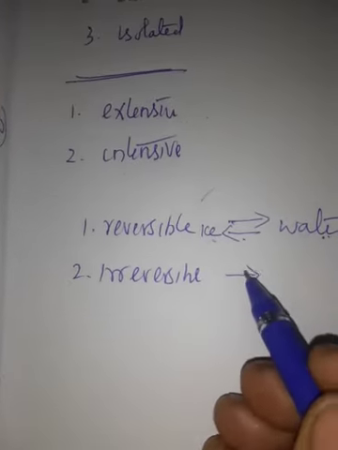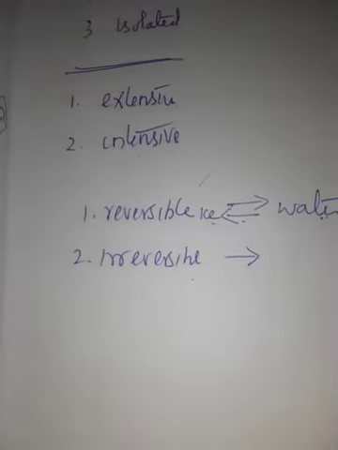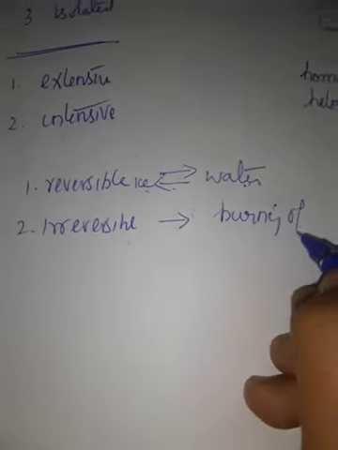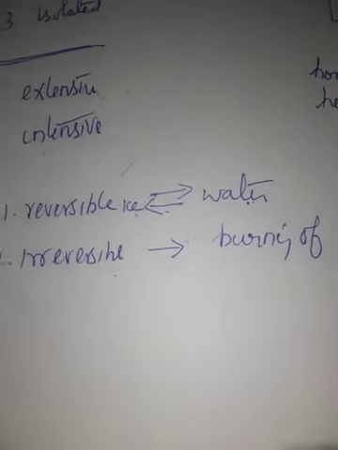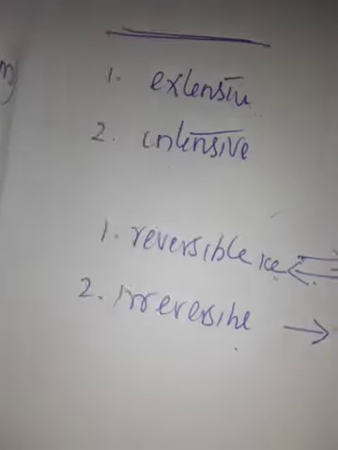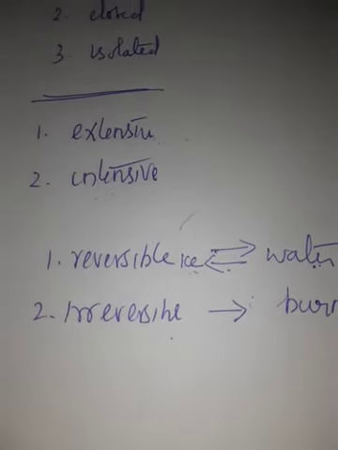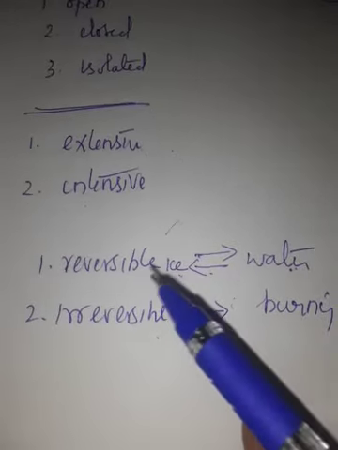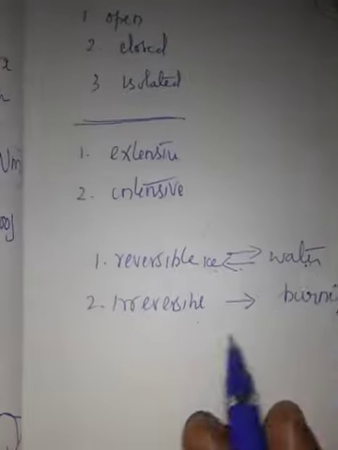That is forward as well as backward. Irreversible cannot be restored to the initial state from the final state. For example, burning of paper. When paper is burned, it becomes ashes. The ashes cannot be brought back to the paper. That is called an irreversible process. So in irreversible, from the final state, the initial state cannot be brought back. But in reversible, from the final state, the initial state can be reached.